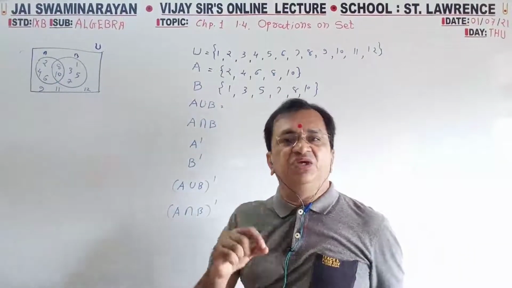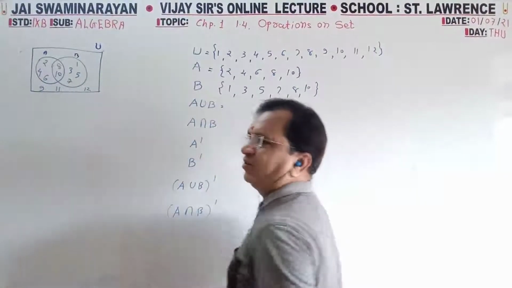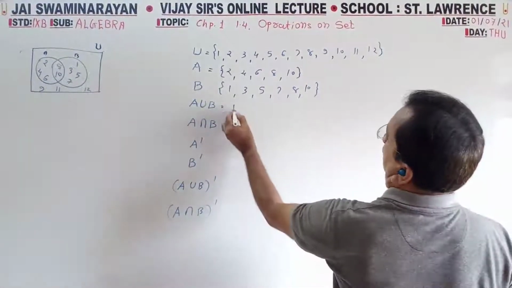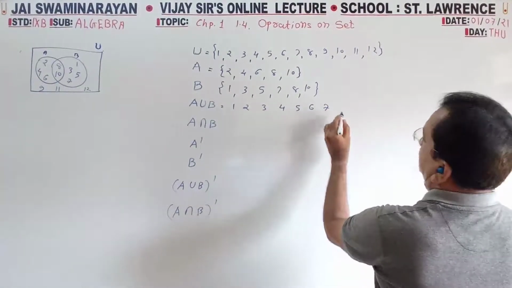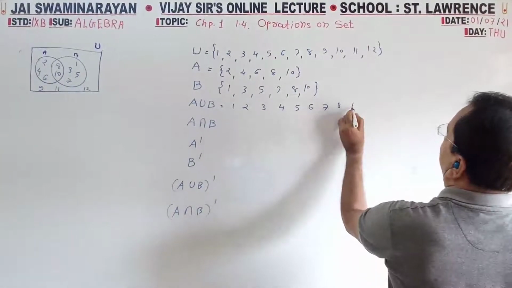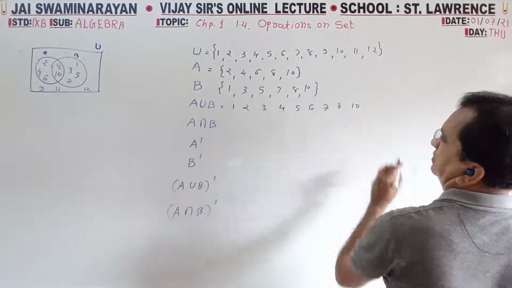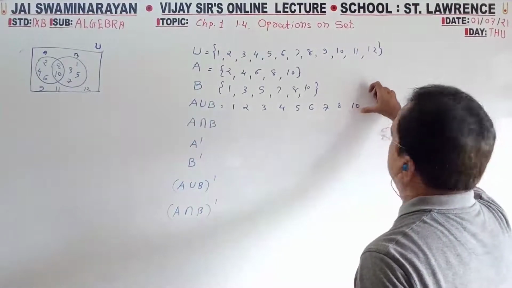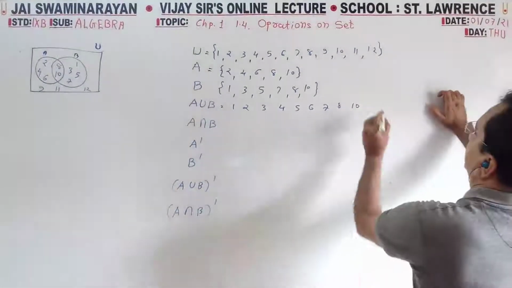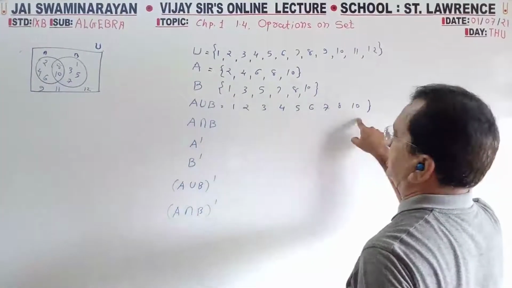A and B union means this. Not 9, 11, 12. So 1, 2, 3, 4, 5, 6, 7, 8 are there, 9 is not there, 10 is inside, 11 is not there, 12 is not there.